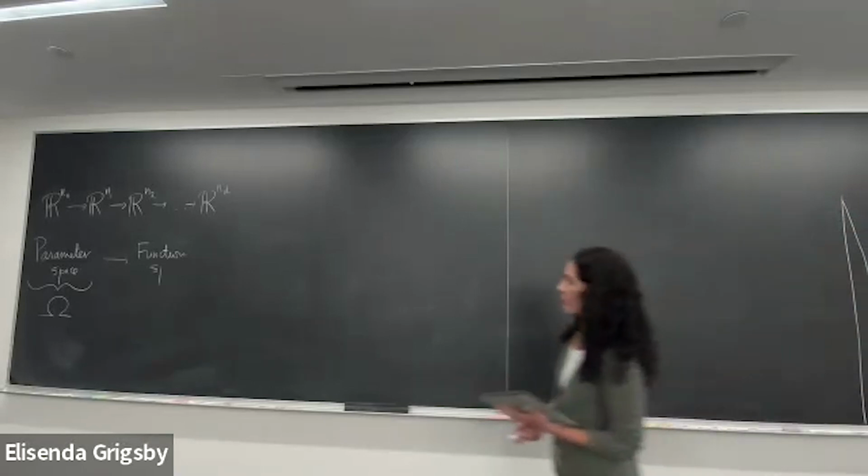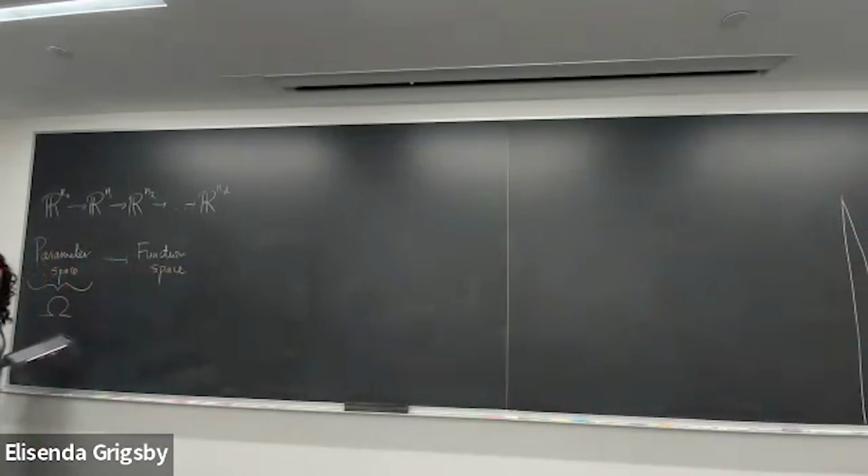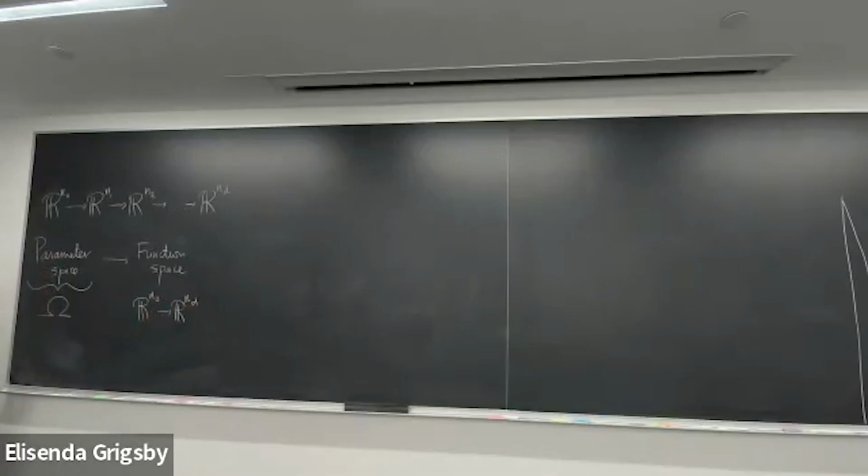Okay, so you have parameter space and you have function space. Typically you're thinking of this as a space of functions from R^n0 to R^nd. I'm going to be more concrete and mathematical about everything in a moment.